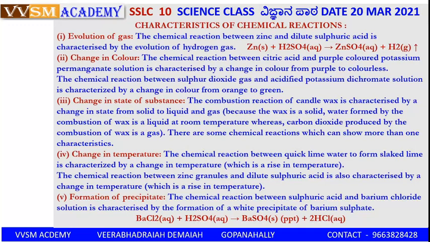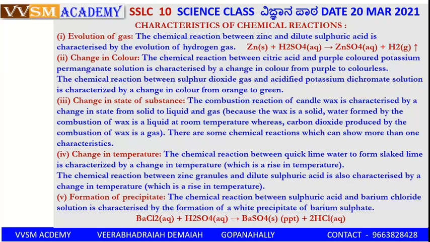Friends, during a chemical reaction there is a possibility of a change in color. Citric acid and purple colored potassium permanganate solution is characterized by a change in color from purple to colourless. The chemical change between sulfur dioxide gas and acidified potassium dichromate solution is characterized by a change in color from orange to green.